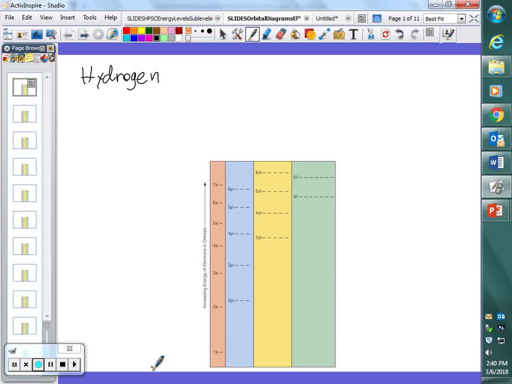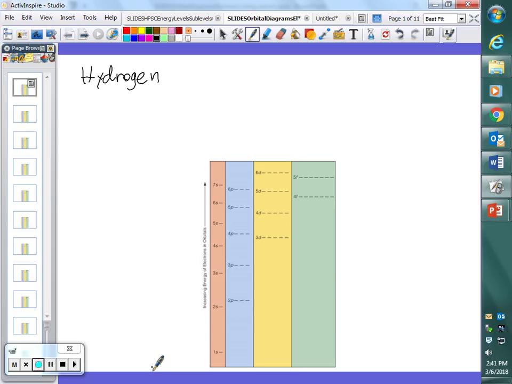If we are going to draw an orbital diagram that shows the distribution of electrons around the nucleus for a specific atom, what's the first thing we're going to have to know? The atomic number. Why do we need to know the atomic number? That tells us how many electrons we actually have to place.